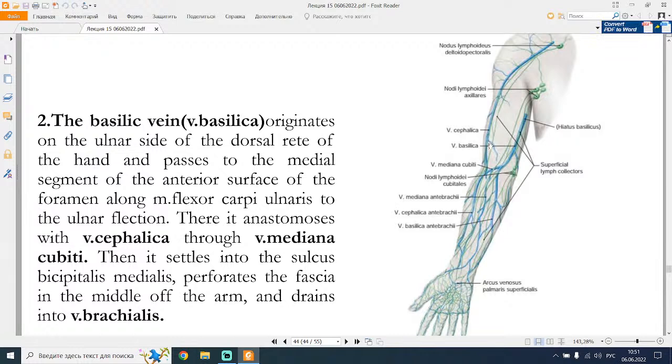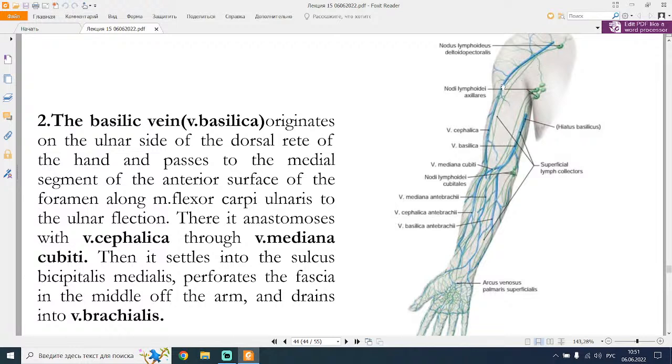There it anastomoses with vena cephalica through the vena mediana cubiti. Then it settles into the sulcus bicipitalis medialis, perforates the fascia in the middle of the arm and drains into vena brachialis.